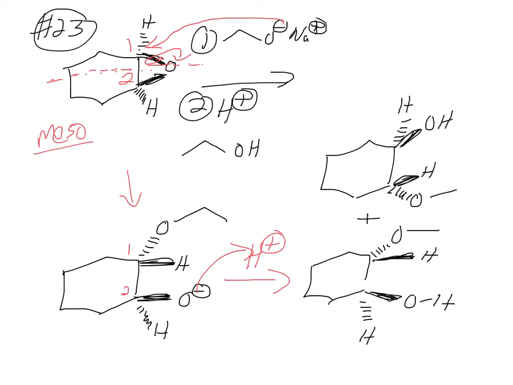There's either an enantiomer. If this is carbon 1, this is carbon 2, and 2 and 1. So you get a racemic mixture of both enantiomers. They also want you to ask what the stereocenters are. Are they RS, SR, RR, SS, things like that.